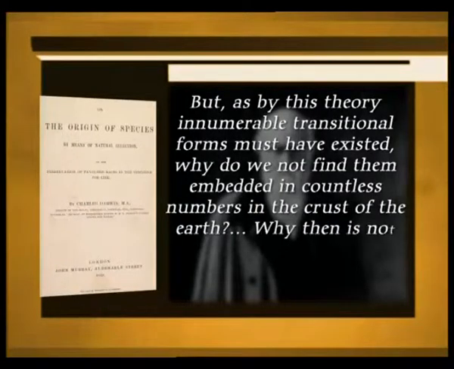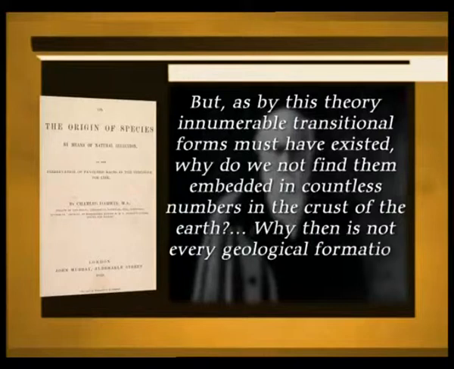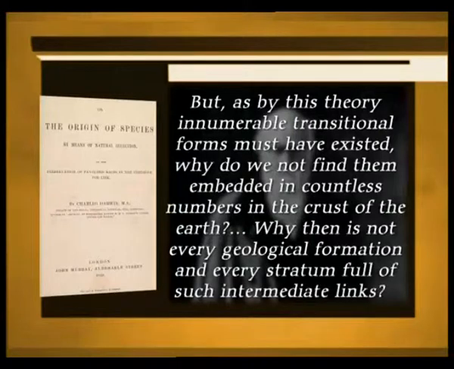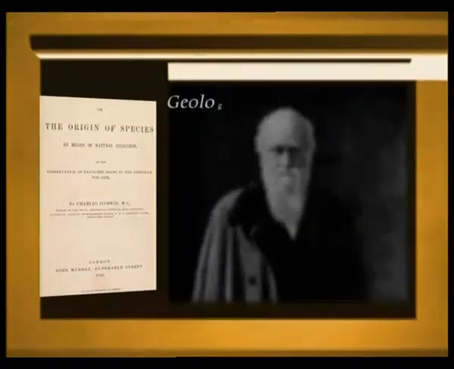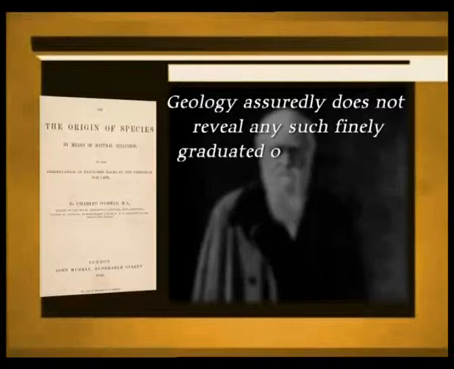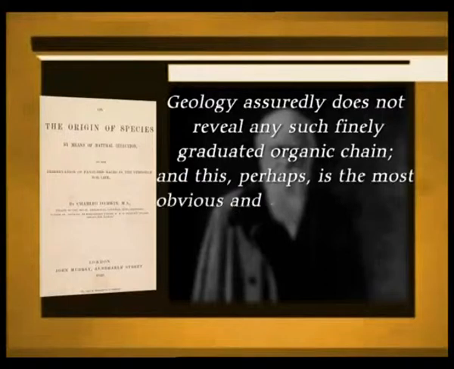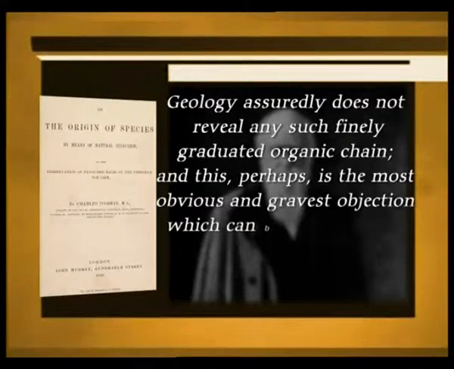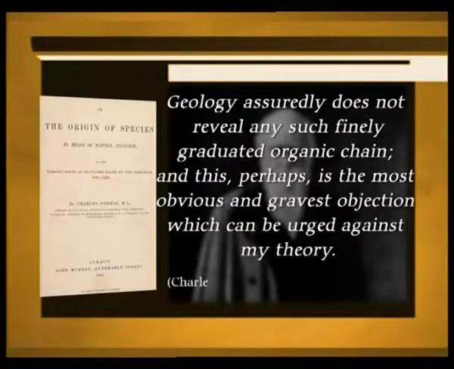Why then is not every geological formation and every stratum full of such intermediate links? Geology assuredly does not reveal any such finely graduated organic chain, and this perhaps is the most obvious and gravest objection which can be urged against my theory."